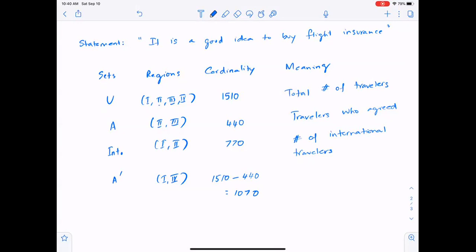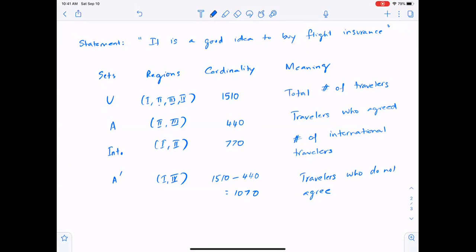The set A corresponds to travelers who agreed, which would mean the set A complement would be everything that is not A. So that would simply be travelers who don't agree. So we're just going to the opposite of A.